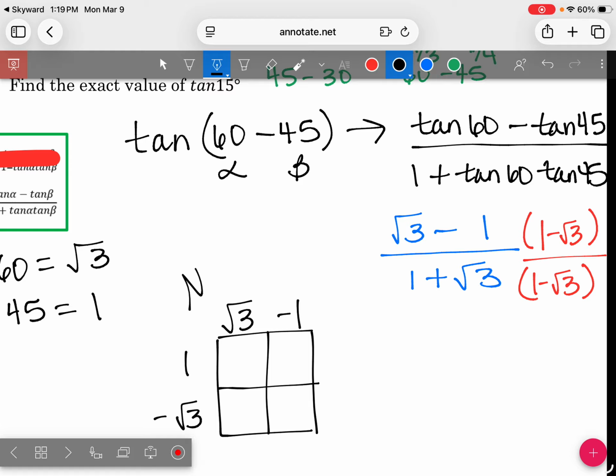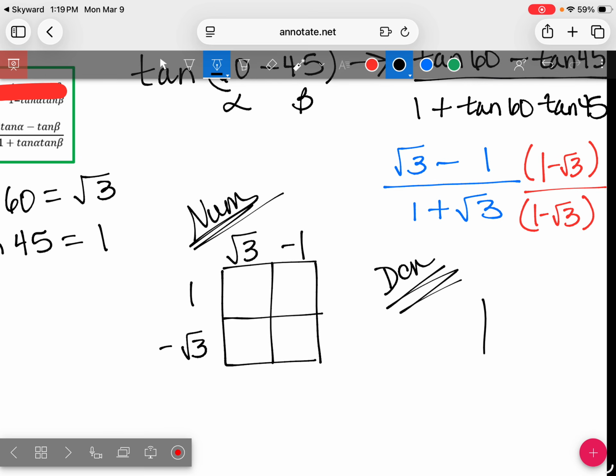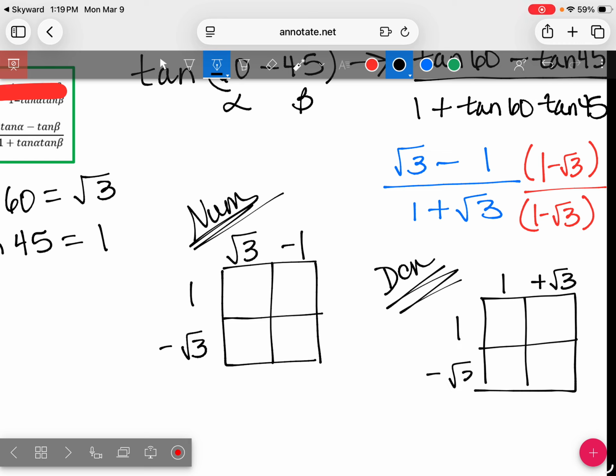That's the numerator. All right, go ahead and fill in all 8 squares.